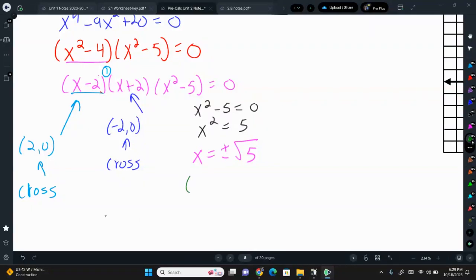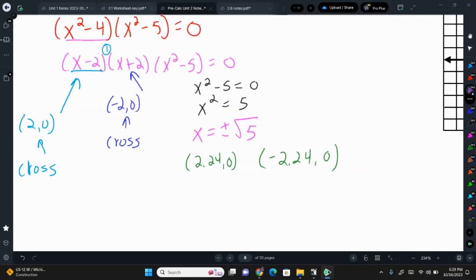So that means we're going to have one intercept at 2.24 comma 0, another one at negative 2.24 comma 0. And these each have a multiplicity of 1. Yes, I know there's a 2 right here, but it got us two separate zeros or x-intercepts down here. So these are going to be crosses as well.